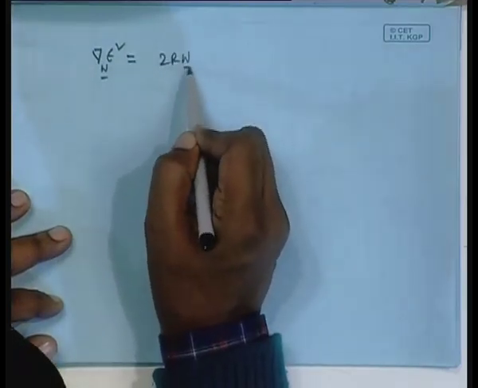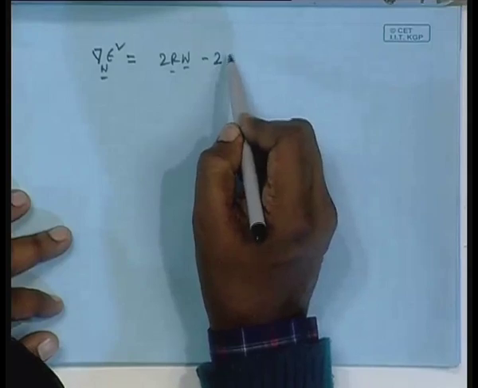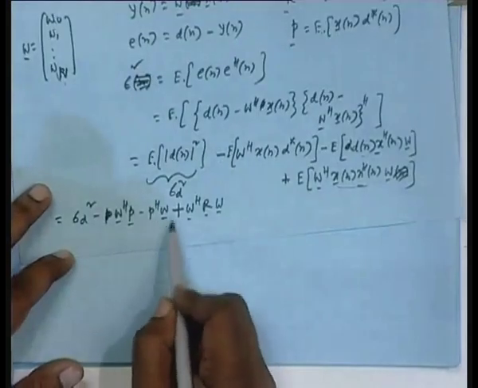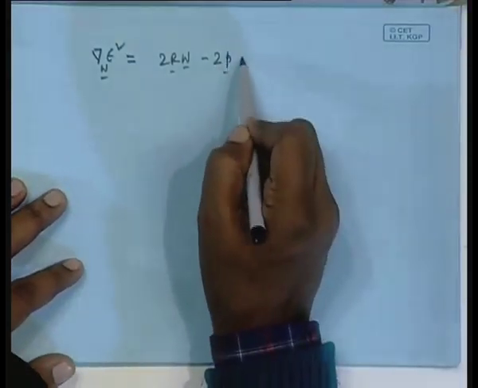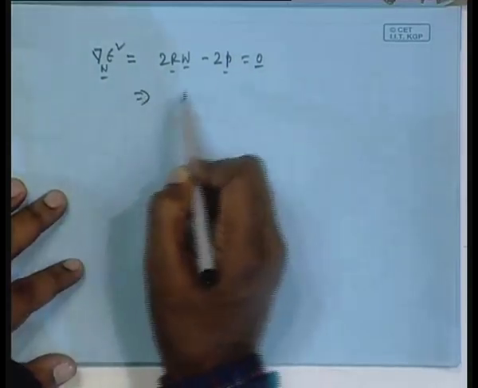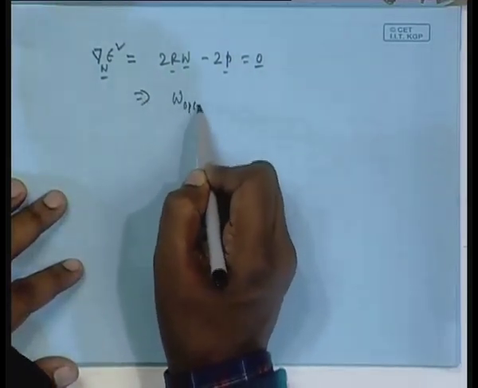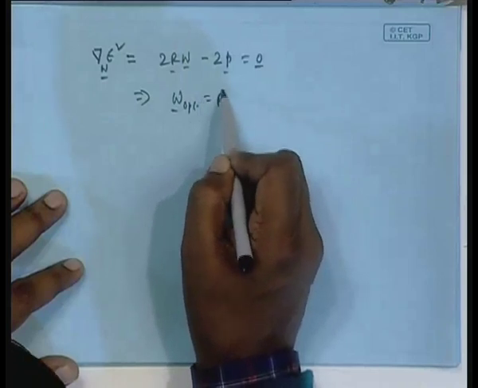Twice R w minus twice, from here you get this part, twice p, and that you equal to 0 vector. Obviously, you will get that optimal filter same as before, R inverse P.